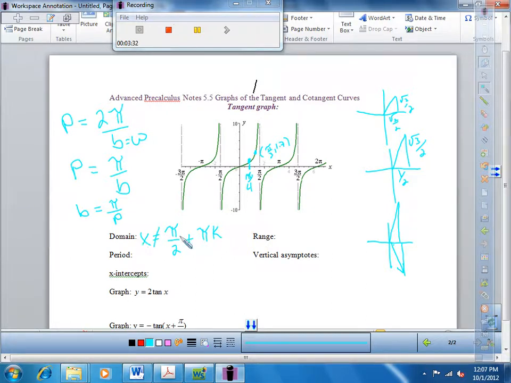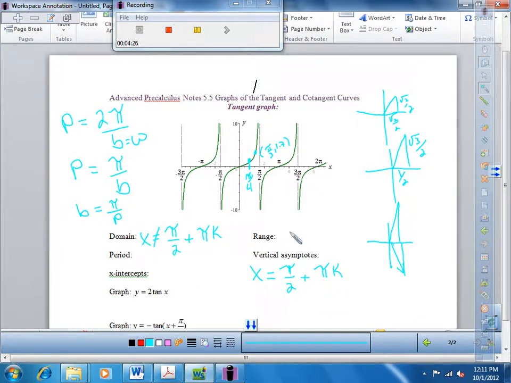This function is undefined, which is almost the same thing; the only thing that changes for the vertical asymptotes is that it's an equal sign instead of a not equal to sign. x equals pi over 2 plus pi k, where k is an integer. Okay?